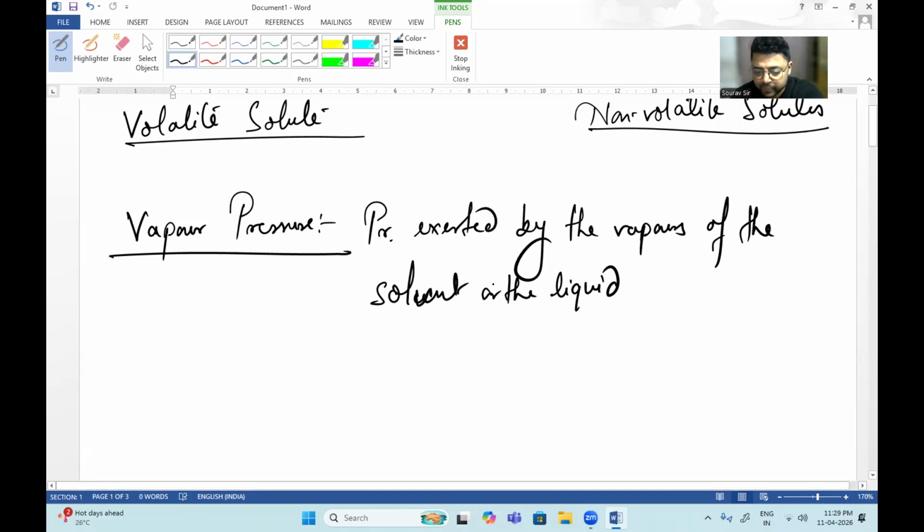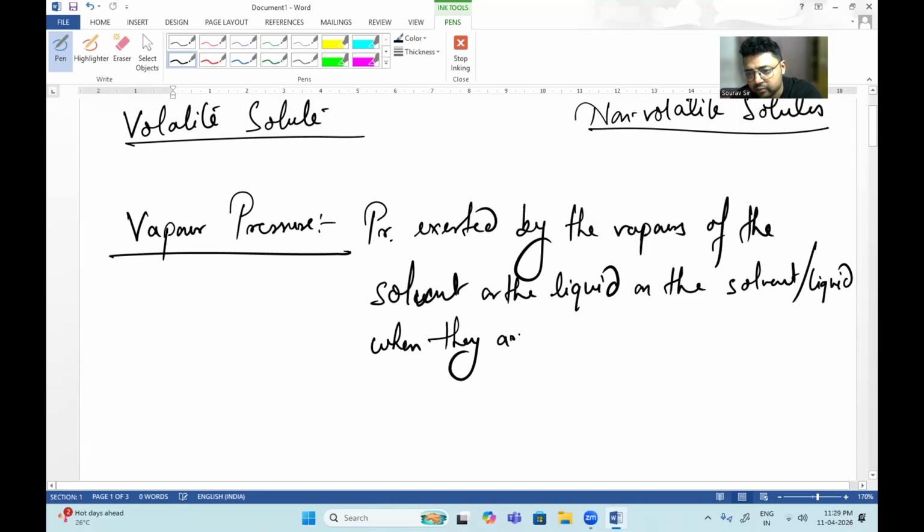When they are in equilibrium with each other. What does this mean?